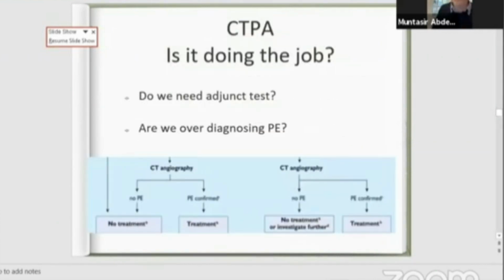Now, we're coming to CT pulmonary angiogram. Is it doing the job? People are wondering whether we need another test with CT pulmonary angiogram, or can we just rely on it alone in excluding pulmonary embolism?